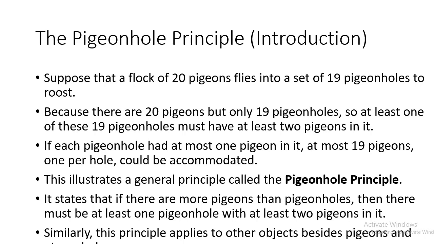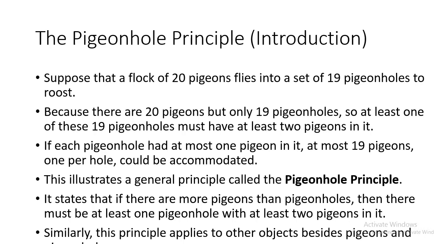Suppose that a flock of 20 pigeons is flying into a set of 19 pigeonholes to roost. What does roost mean? Roost means a branch of a tree upon which a bird can rest at night. Okay, a branch upon which a bird can rest at night is called a roost.